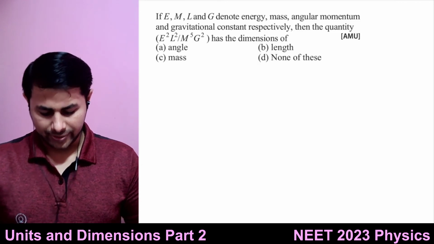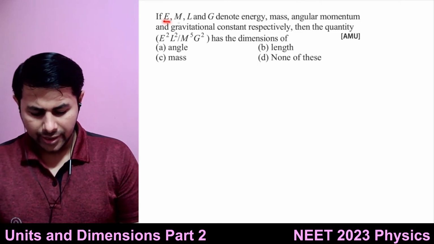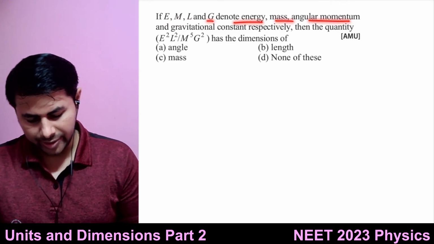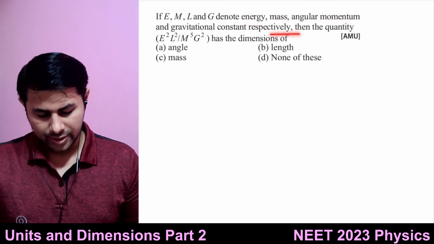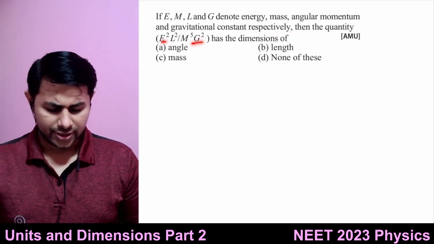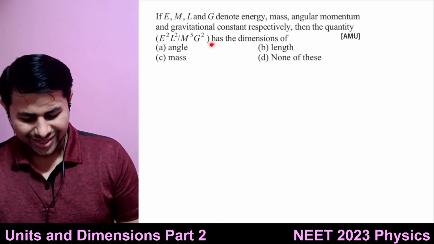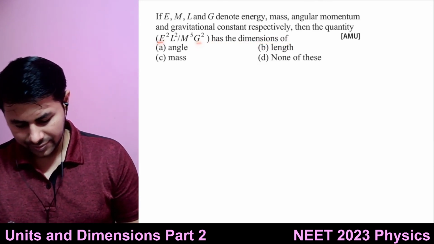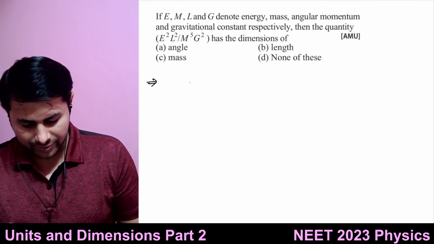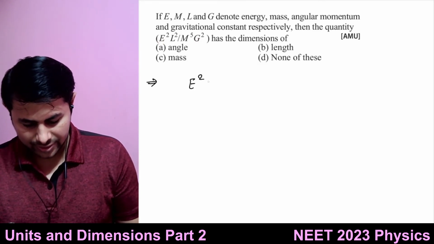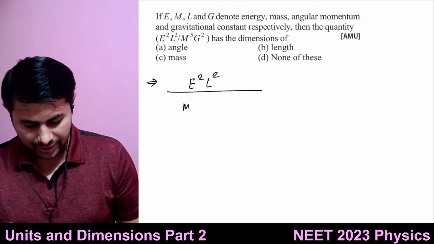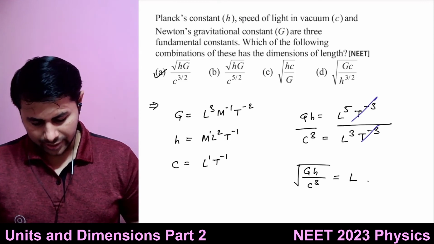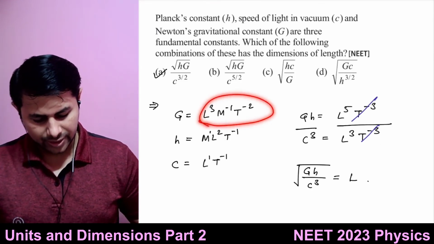Okay, next question. If E, M, L and G denote the energy, mass, and angular momentum and gravitational constant respectively, then the quantity, this quantity, okay, this is a laborious task, has dimensions of, all right, it is E square L square divided by m to the power 5 g to the power 2, and we found the dimensions of G. They are L3 m minus 1 t raised to minus 2.